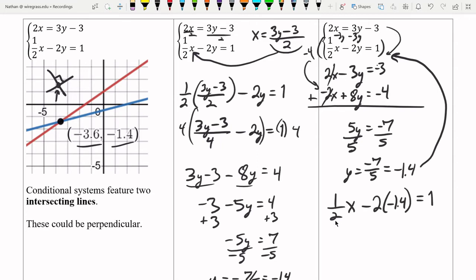I'm going to change this fraction to 0.5. Because we have fractions and decimals, it's not really nice to have those two things in the same spot. So I'm just going to keep it all the same type of number. This will become plus 2.8 equals 1. I'm going to subtract 2.8.